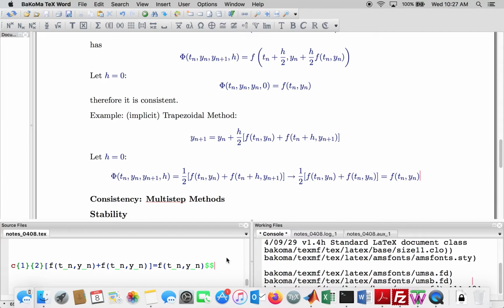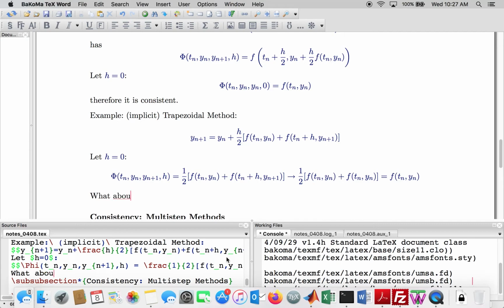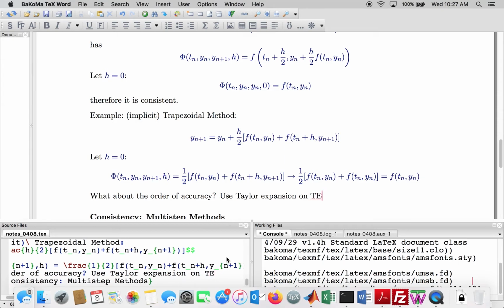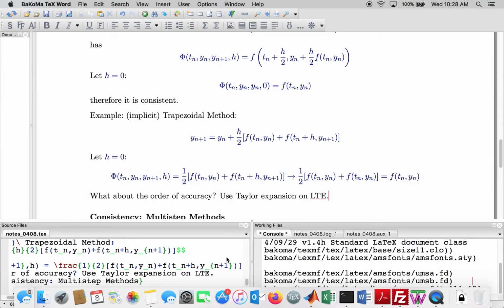All right. So this is how you show that a one-step method is at least consistent. But that doesn't tell us about the order of accuracy. So we use Taylor expansion on the local truncation error.